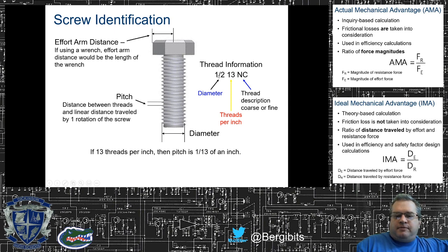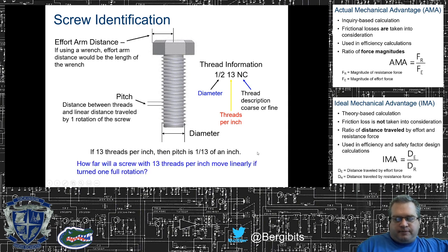This is the diameter, ½ inch, threads per inch, 13. If 13 threads per inch, then pitch is 1/13 of an inch. How far will a screw with 13 threads per inch move linearly if turned one rotation? 1/13 of an inch.